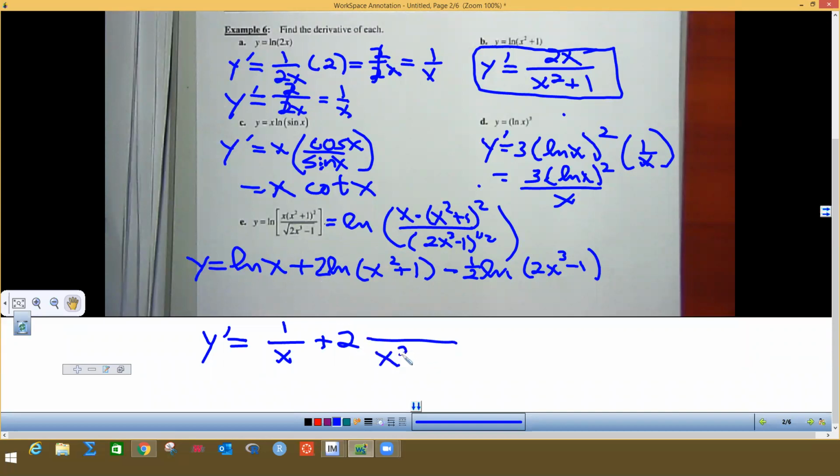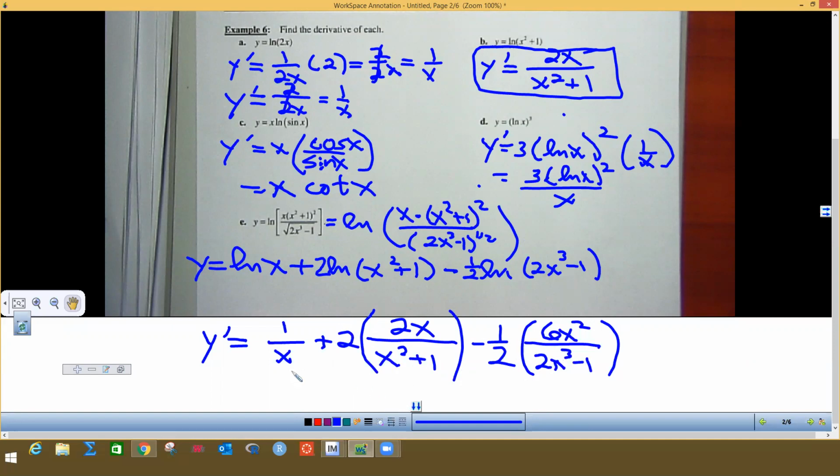And then I got x squared plus 1 on the bottom, and the derivative of x squared is 2x. And then I got minus, you leave the coefficient a half in front, and then I stick this 2x cubed minus 1 in the bottom. I guess I probably should put parentheses around these. And then I have to do the derivative of 2x cubed, which is 6x squared.